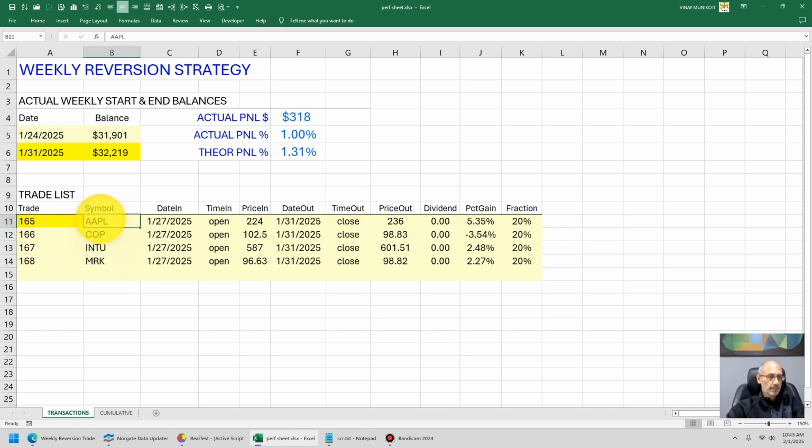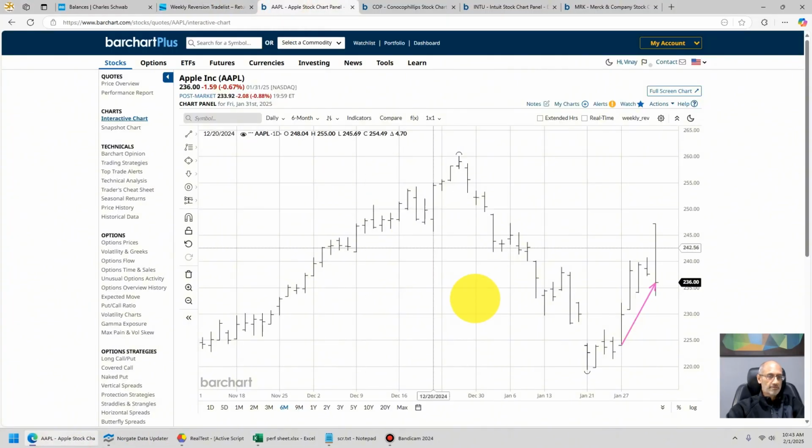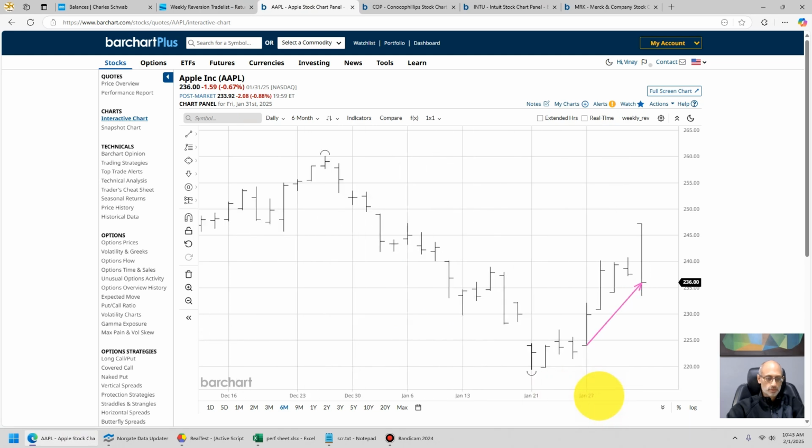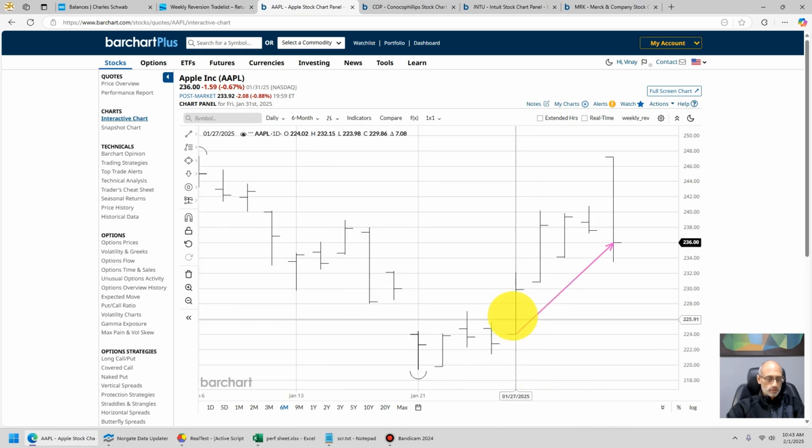This first one is Apple. We made a nice profit on that one, where we made 5.35%. And let's look at the graph. Okay, so the last weekend, there was a big sell-off coming into the morning of Monday because of the news coming out of China from the AI company DeepSeek.